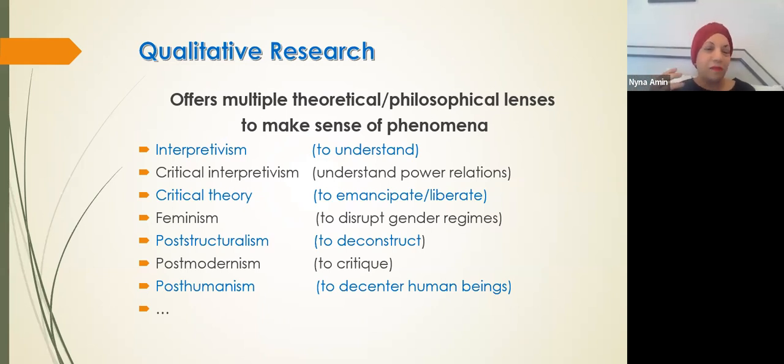If we take interpretivism as your worldview, then it means that the objective of the research is to bring about understanding, not to do any change. So maybe it's just to understand the mind of somebody who is undergoing some kind of trauma. And the reason for understanding is, would that state of mind affect any intervention that the medical practitioner has to offer?